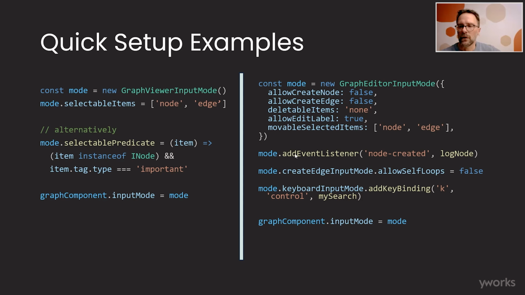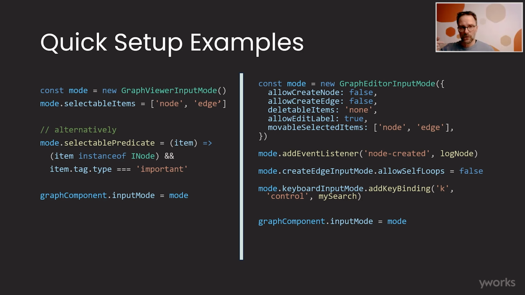Or you can use event listeners to react to changes that are user triggered, which is different than changes that are triggered by the model. Because, for example, if the user creates a node and then undoes the creation by pressing the undo button, the model will fire the event that a node has been removed, but it's not something that the user triggered.